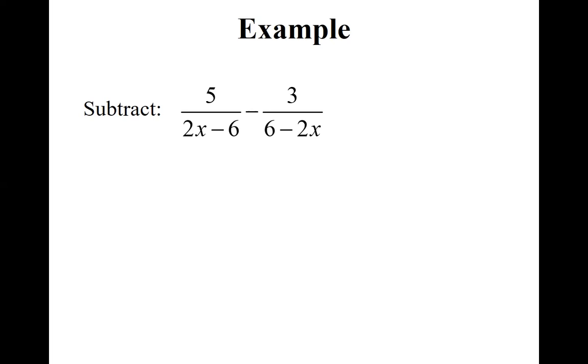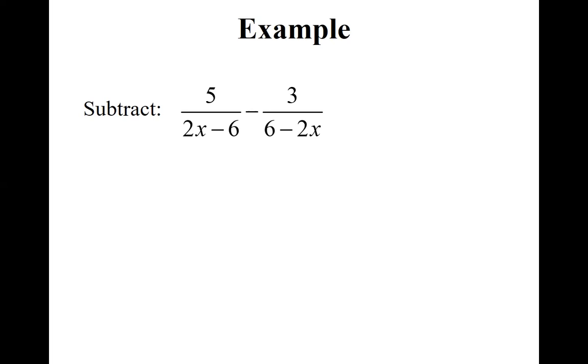Why do I bring that up now? The opposite problem, because we have opposites here in the LCD. And we can turn them into the same denominator if we factor a -1 out of the bottom, right.